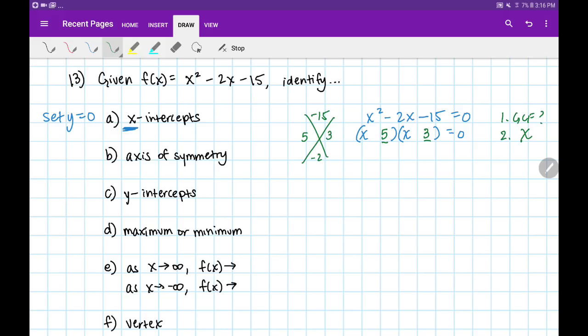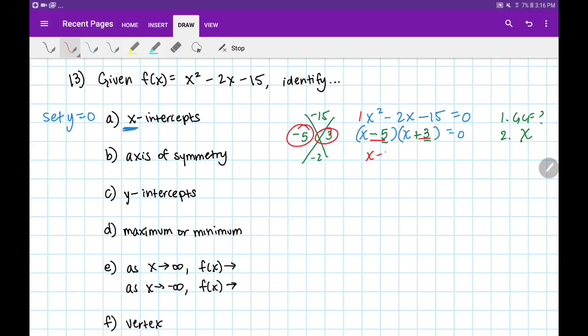But for them to add to negative 2, the 5 should be negative. And then that way they'll multiply to negative 15. So negative here, positive here. Now, if you're doing magic x, keep in mind that here you can use the shortcut because the number in front is just 1. So you just take these numbers and stick them right in. X minus 5, and this would be x plus 3.